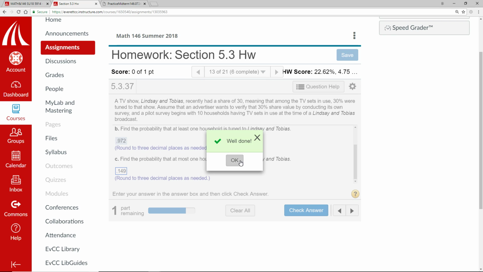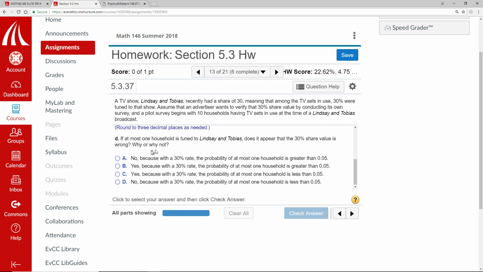Maybe I should show more work. I don't know. These are the tough ones though. I hate these questions. If at most one household is tuned to the show, does it appear that the 30% share value is wrong?